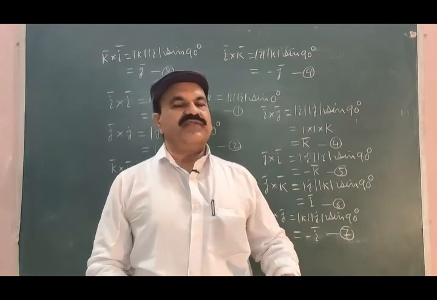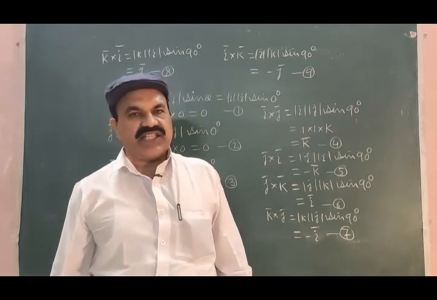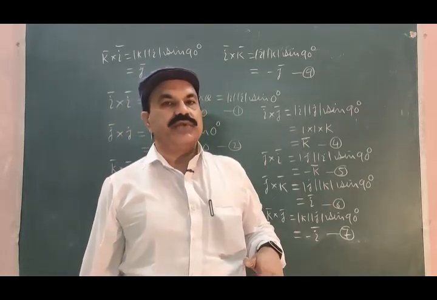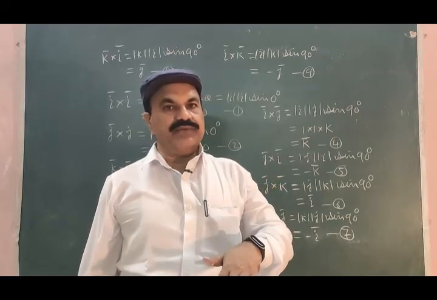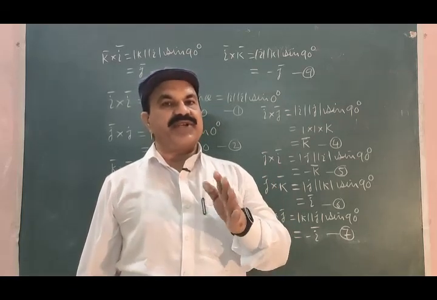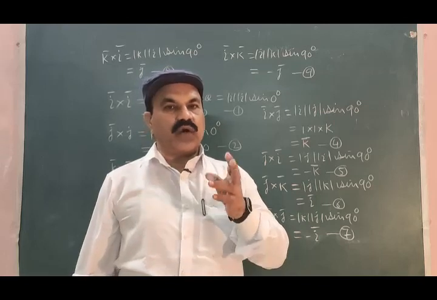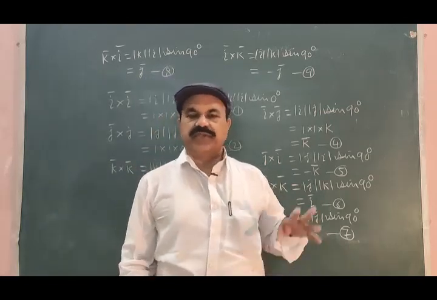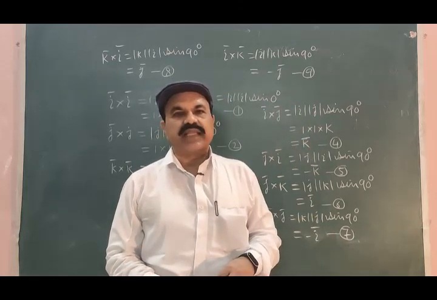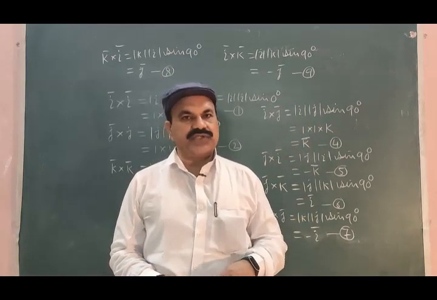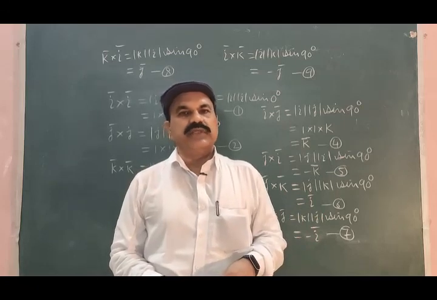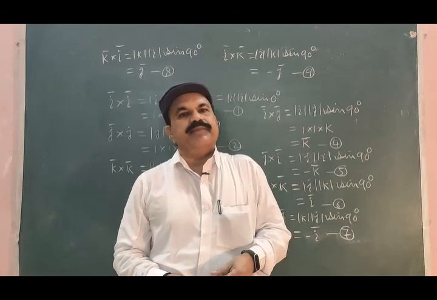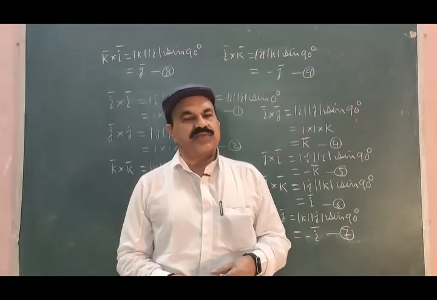Hope this is sufficient for this lecture. In the next lecture, we shall use these rules when we derive the final expression for the cross product of two vectors. So try to remember these rules, which will always be with you, and you can anytime perform the cross product of vectors.